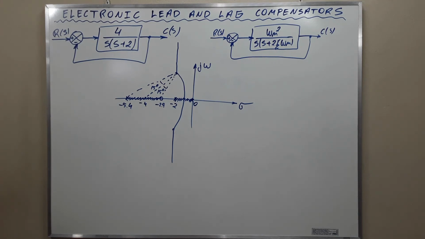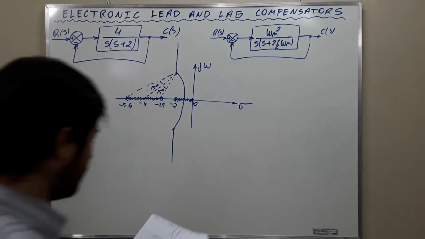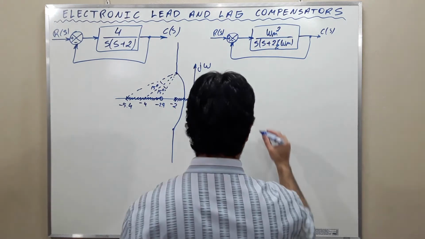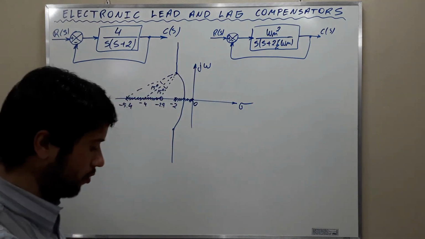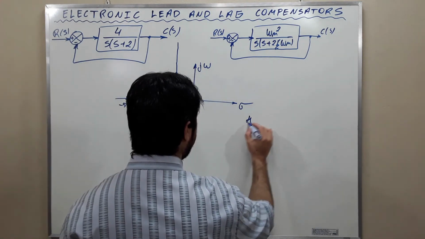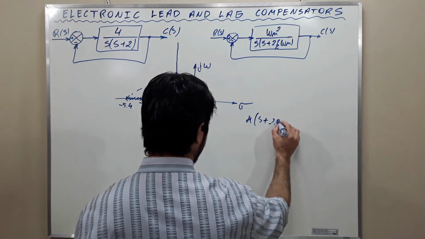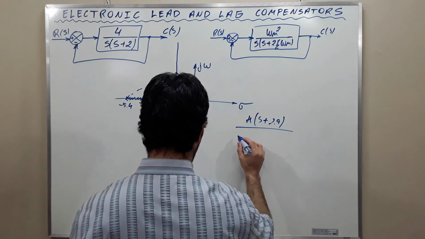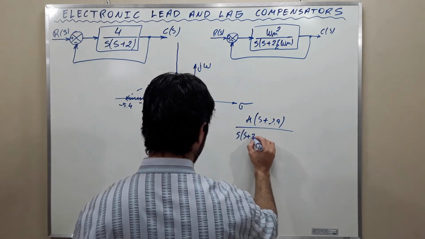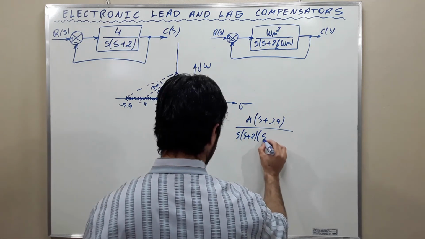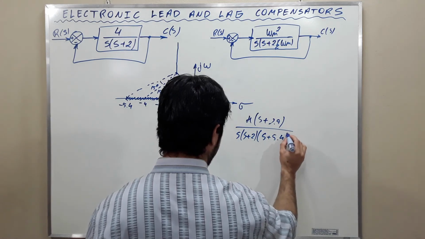Now let's talk about the gain. The gain can be evaluated from the magnitude condition: K times (s + 2.9) over s(s + 2)(s + 5.4).